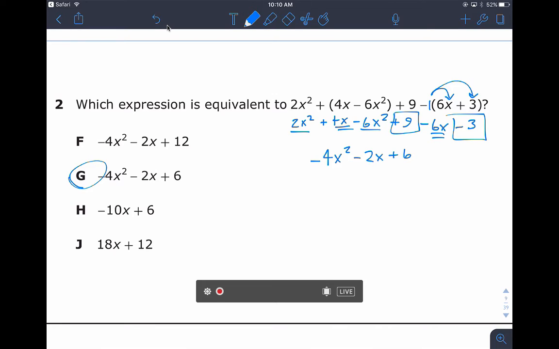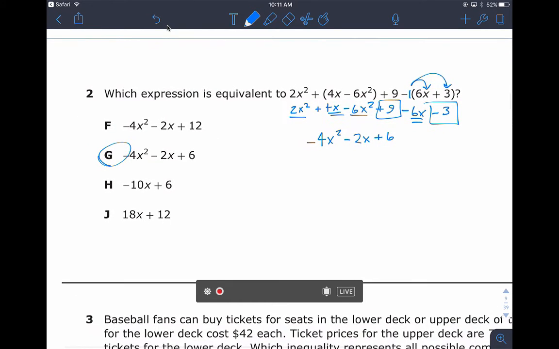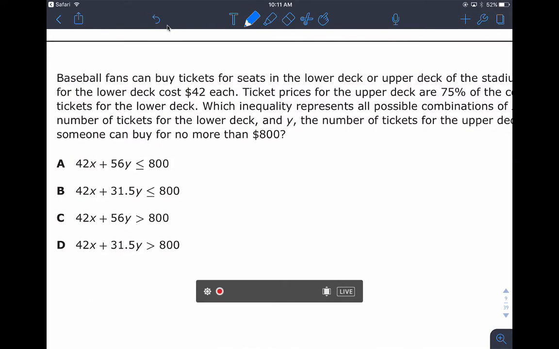If you want to check your answer with Desmos, you could type all of this into Desmos as one equation, and then type your answer in as a second equation and see if those overlap. That'd be a powerful tool. Really, we don't need to do that. It'd take more time than to just solve it by hand. But anyways, just keep that in mind. A lot of these problems you can do something similar to that.